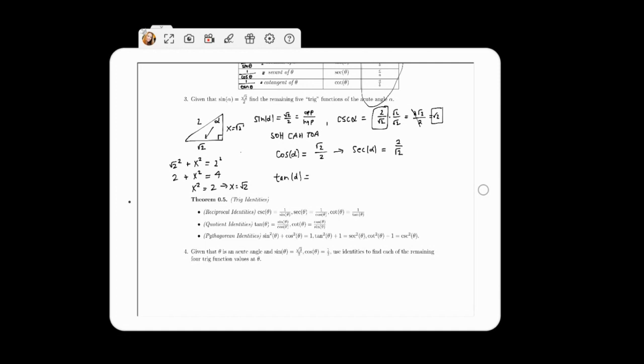Tangent is equal to opposite over adjacent. So I would probably go so far as to simplify that to equal 1. And then I know that the cotangent is the reciprocal of tangent. 1 over 1 equals 1. So this is how you can solve these problems using a right triangle.